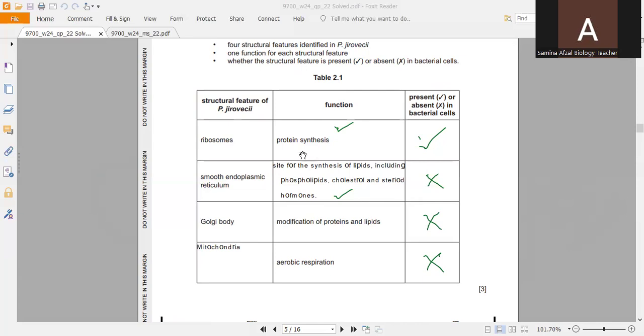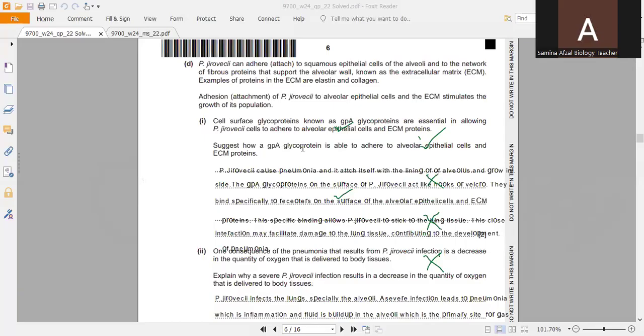Now we are moving towards the next question. The next question is, P. gyrovici can adhere, attach to squamous epithelial cells of the alveoli and to the network of fibrous protein that support the alveolar wall, known as the extracellular matrix.